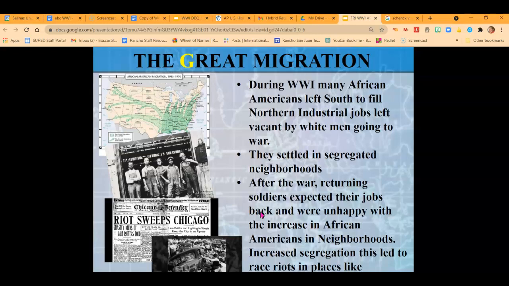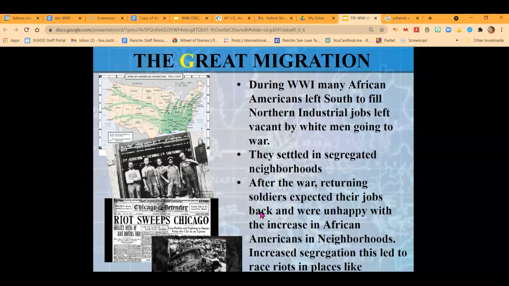They settled in certain neighborhoods. The neighborhoods become very segregated. If we look at Chicago as our case study, after the war, the returning soldiers come in expecting their jobs back, and everyone's super happy to see them. Everyone's like, yay, we won the war.